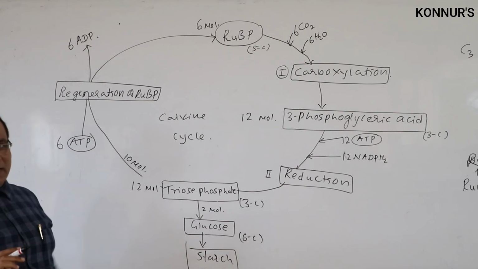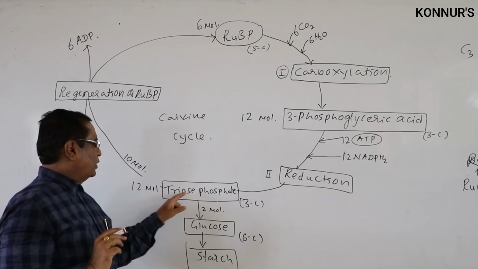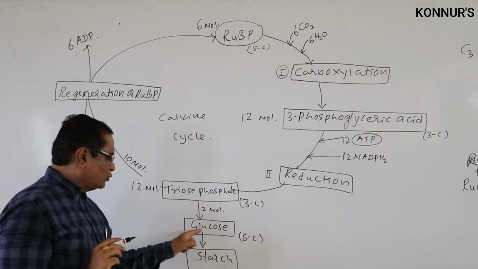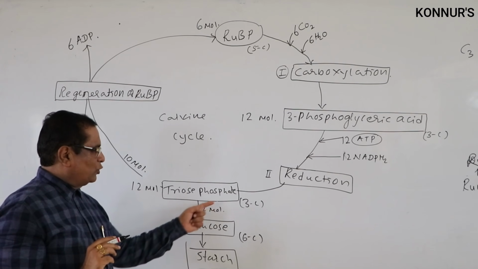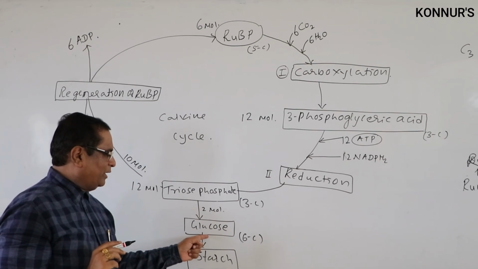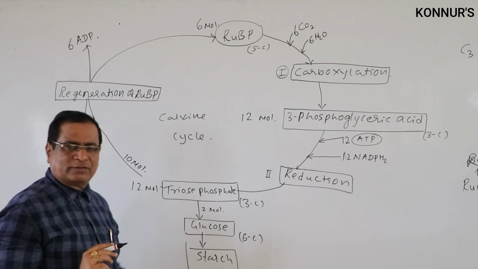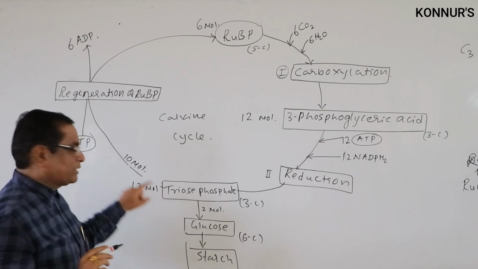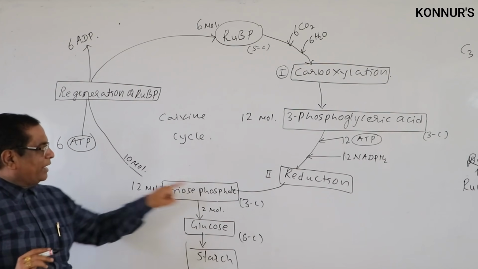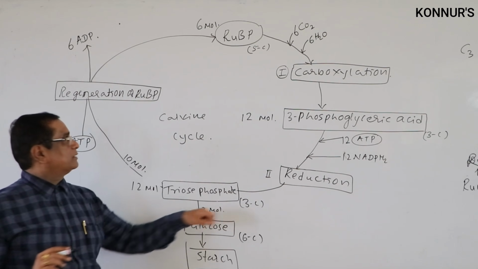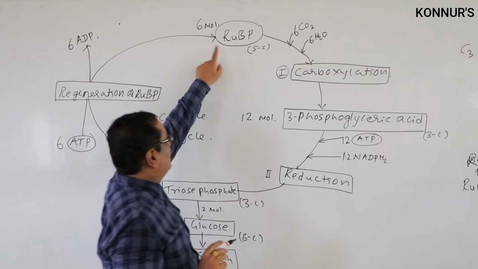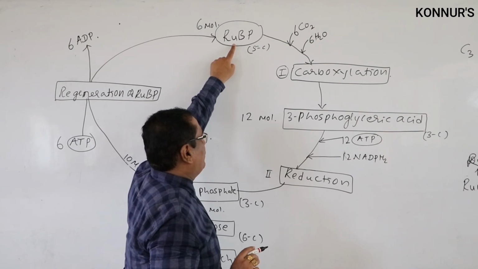You just balance the carbon. In a total of 12, 2 are used to generate glucose. 2 three-carbon compounds are used, means 6-carbon glucose is formed. And 10 molecules are remained, 3 carbon. 10 into 3, 30 carbons. And see here, there are 6 molecules of RuBP.